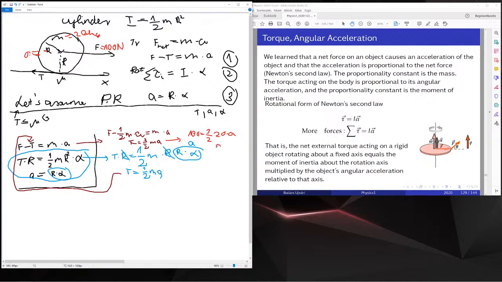Yes, it's 3.3. a is 3.3. That's nice. From the three unknowns, we solved one. This is, of course, meters per second squared.